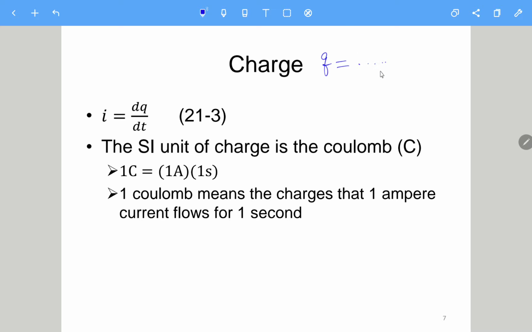This is the normal way to write a definition, because it is straightforward. But here is not the case. Here we have dq dt, the derivative of the charge with respect to time, which is the current.